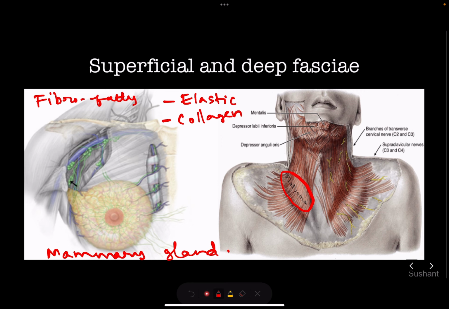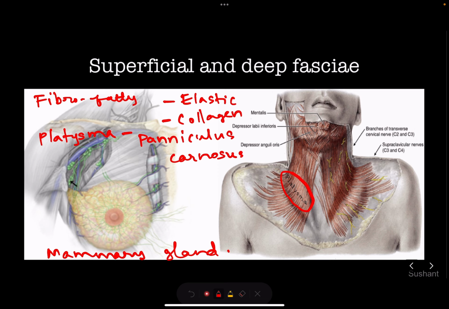This platysma muscle is a superficial muscle which belongs to the category of panniculus carnosus. Similarly, the facial expression muscles are also considered to be remnants of panniculus carnosus.